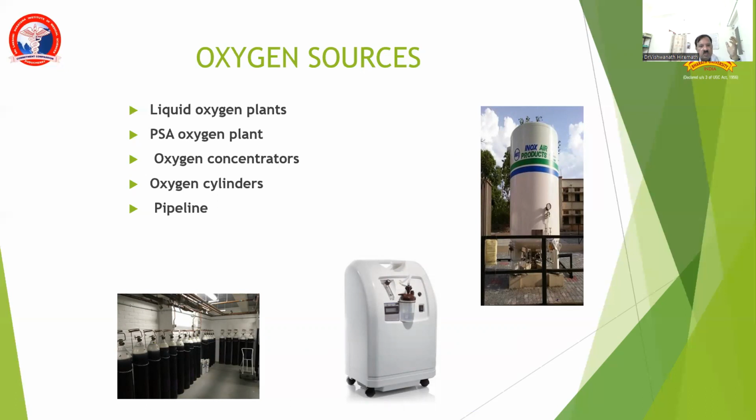Bulk of the oxygen supply for the major hospital will be from the liquid oxygen plants, PSA plant, oxygen concentrators. It can be delivered through cylinders or the piping.